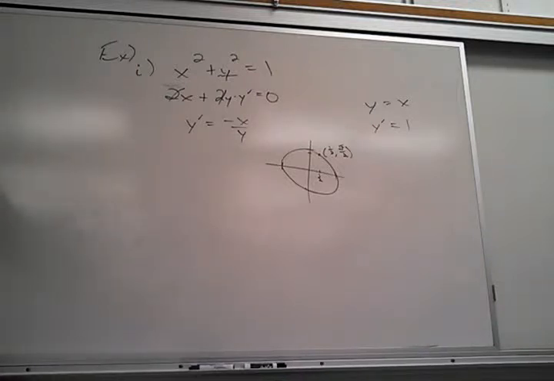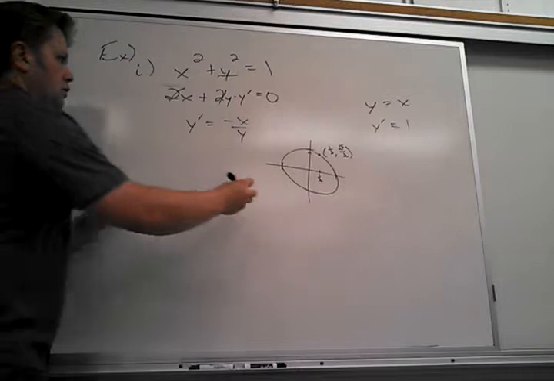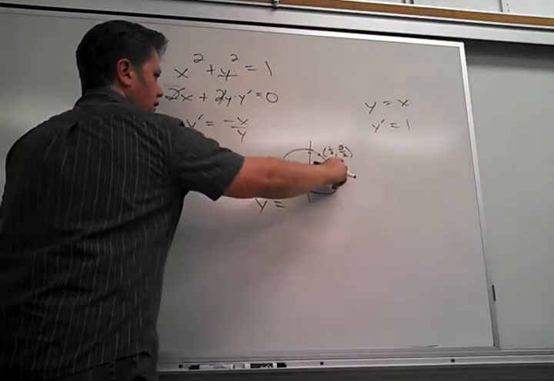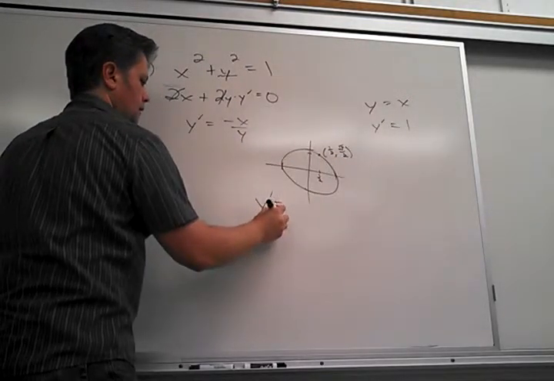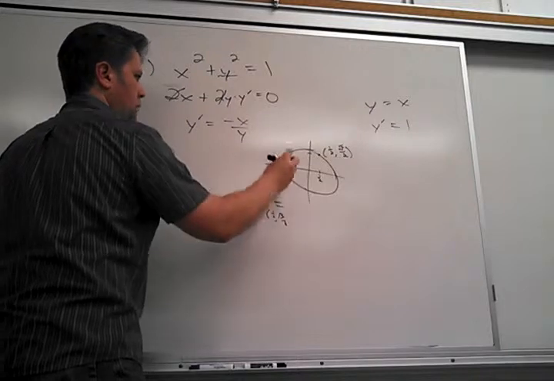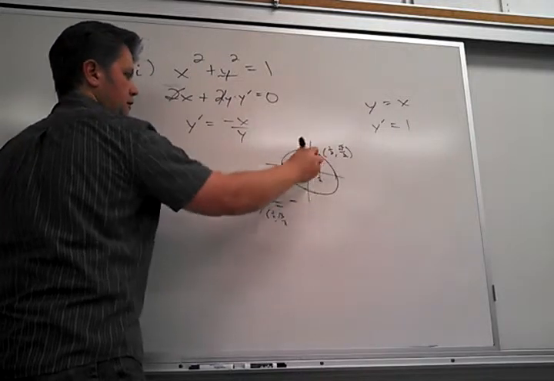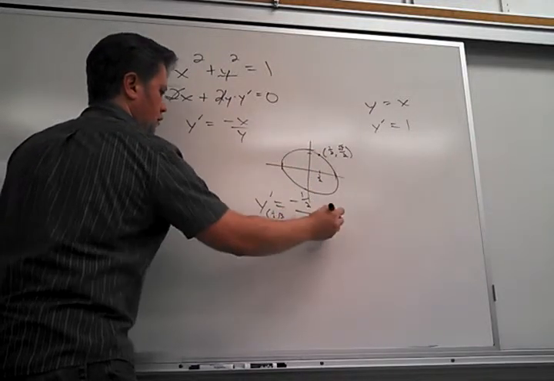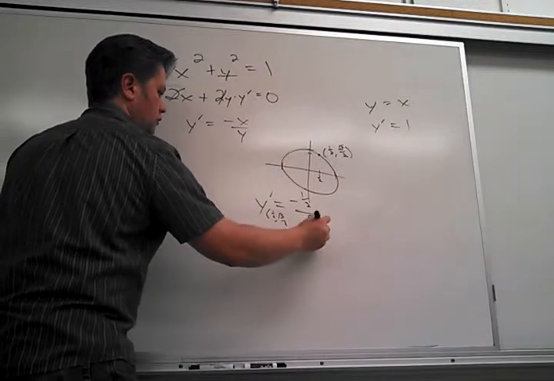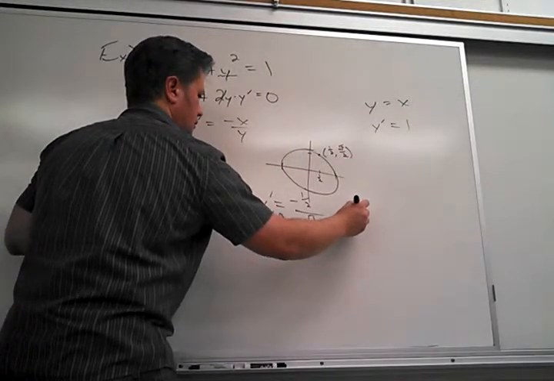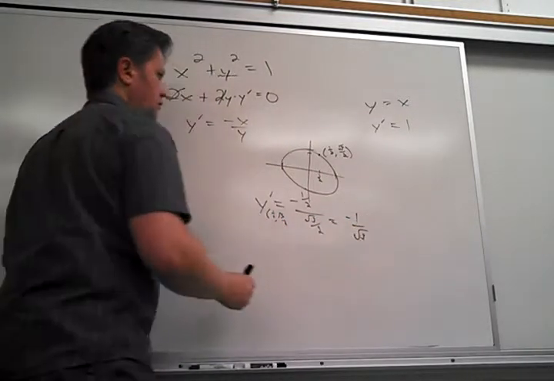I can just plug the whole point in. So the derivative at that point would be negative 1/2 over square root 3 over 2, which is negative 1 over root 3.